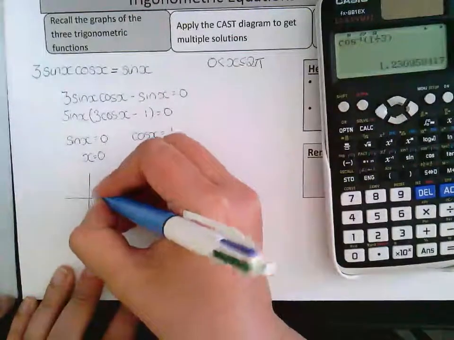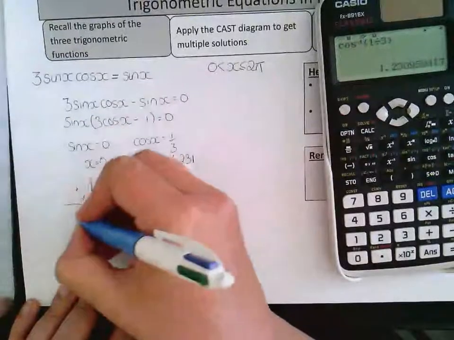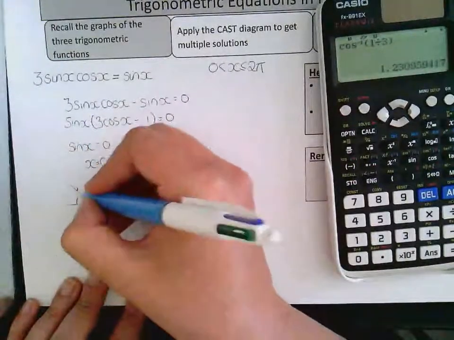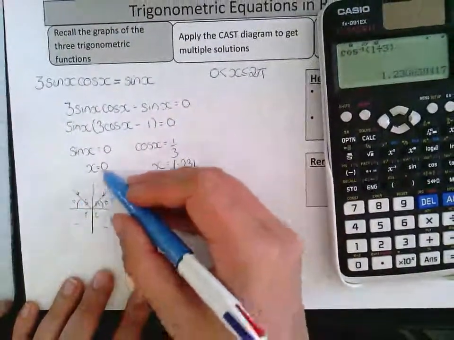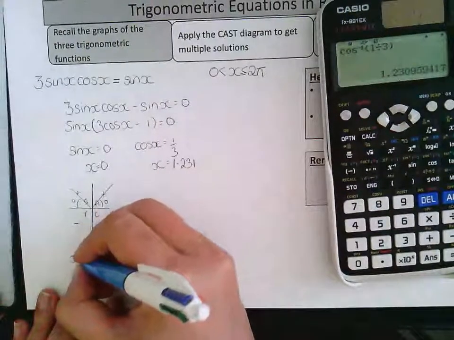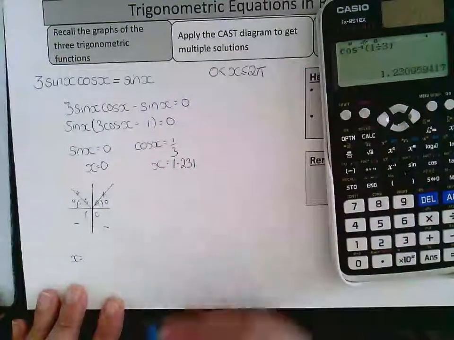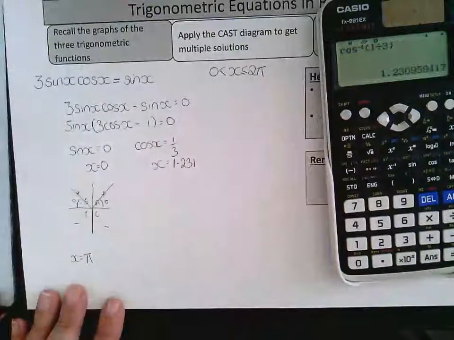Now, may seem silly, but this is something I do when I get 0. You don't have to draw cast to scale, so I'm going to draw it like this. I know it seems weird by putting 0 and 0, but I put them in the positive section because my angle is positive. Then, well, 0 plus 0 is 0, not a solution. But pi minus 0, pi is a solution.